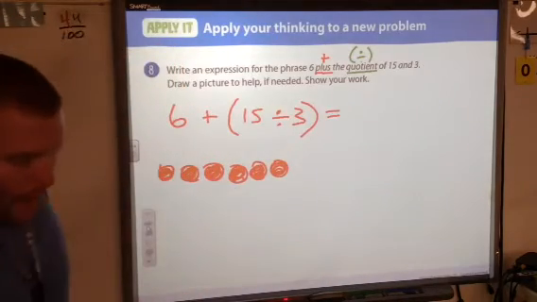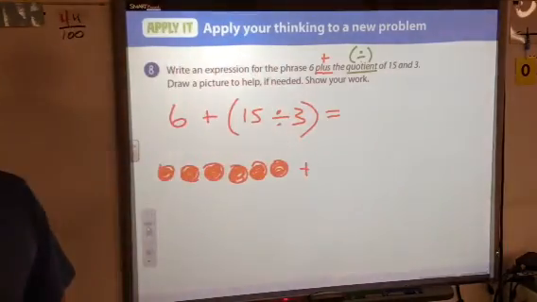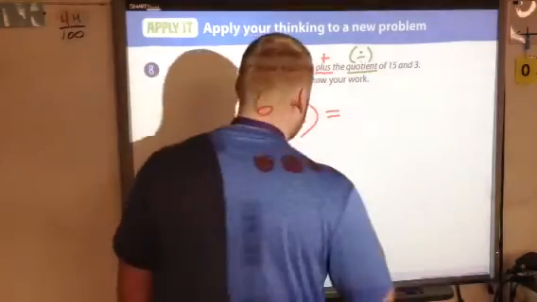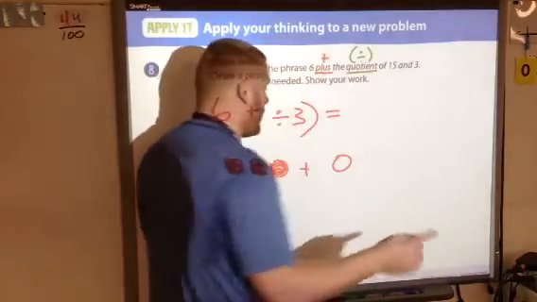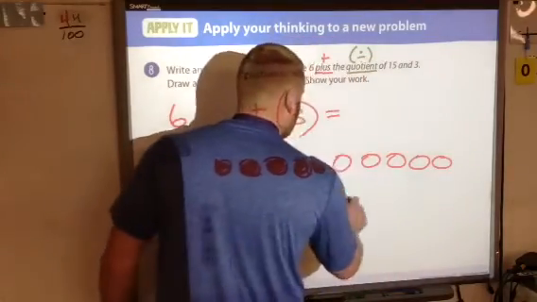Now, I know that I'm adding these, but I'm also dividing 15 into 3 separate groups, aren't I? So I could say, I know that that's 5 already, so I have 5 in 3 separate groups.